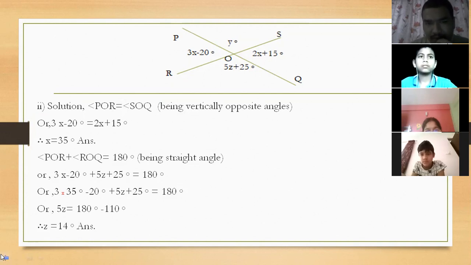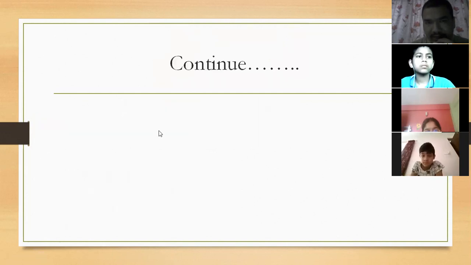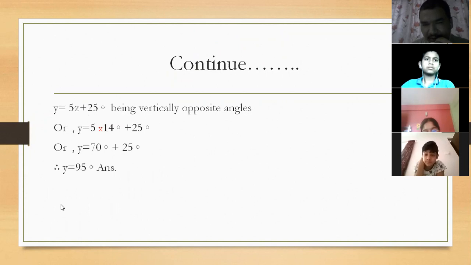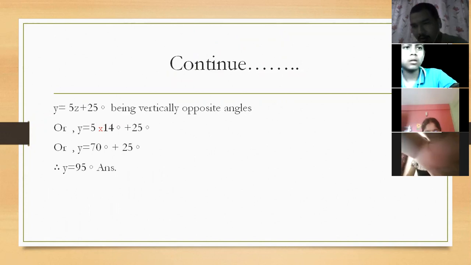After that we can find out y. Put z here and we get the value of y. y equals 5 into 14, because the z value was 14. 14 times 5 is 70, 70 plus 25, you will get the value of y, 95. Are you clear, children? Yes, sir.